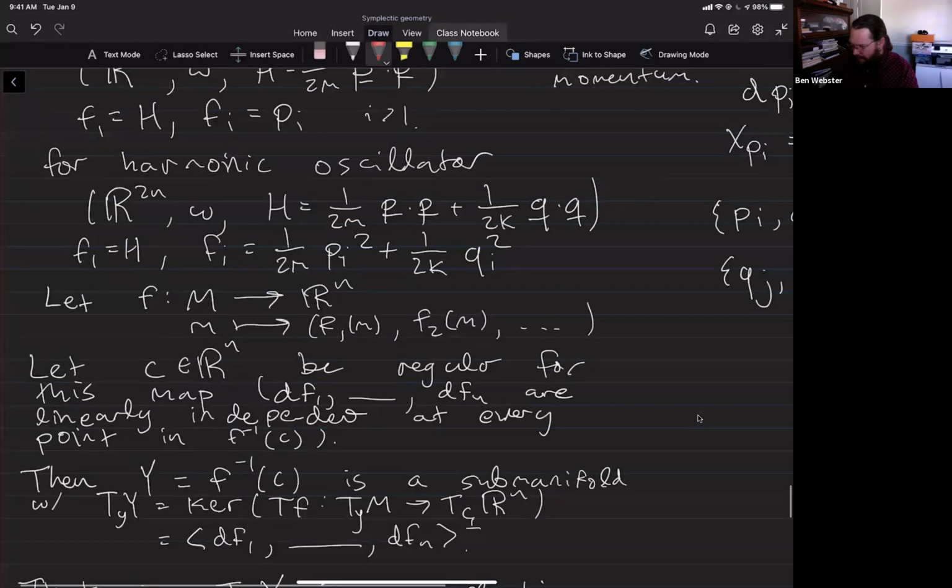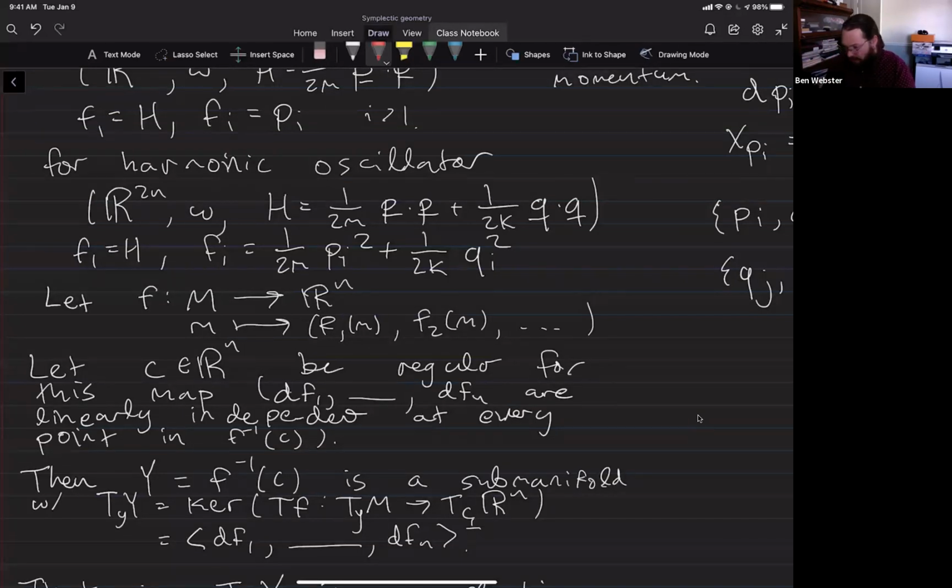The thing I had meant to get to last time and didn't have time for, let me try to say my point in 4 minutes: whenever I have a completely integrable system, I can think of it as a function to Rn. One of the key things that happens is that when I evolve with respect to time, I stay on the fibers of that map.